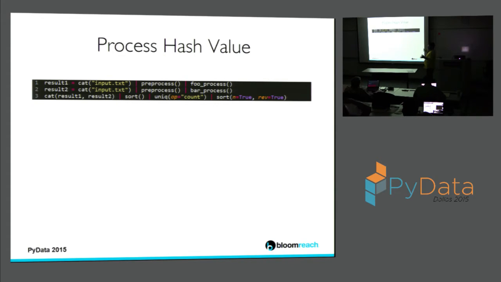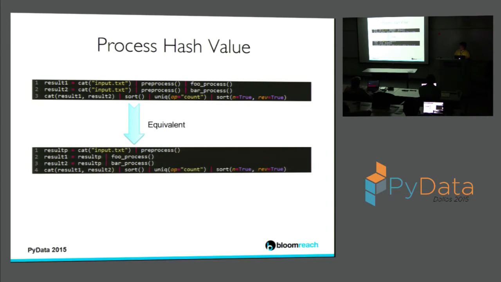But here we created two objects. Without the hash value, your pipeline is not efficient because you actually run the same thing twice. So that's what we do in Briefly. We use the hash value so that it's equivalent to this. Because they have the same value, we only evaluate it once. That's the use for the hash value.